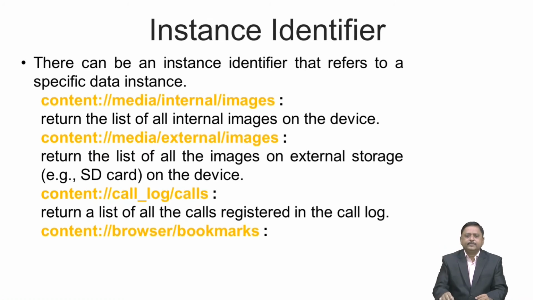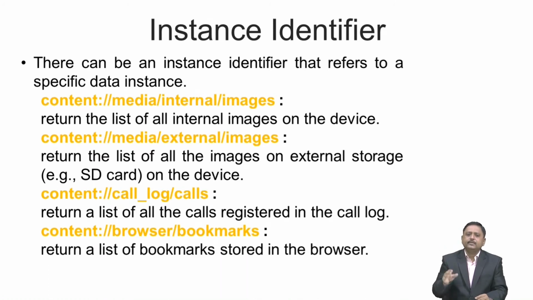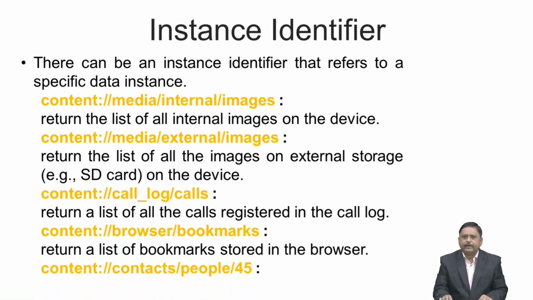And what does this mean? It returns a list of bookmarks stored in the browser. So, you can either use a constant, which refers to a particular content provider, or you can have an instance identifier or content URI that you can write yourself. And the last line, which specifies content://contacts/people/45, what does it mean?